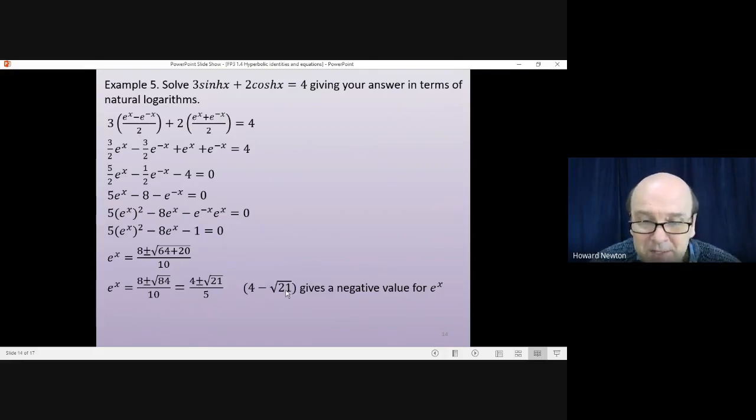Now, 4 minus root 21 would give a negative value for e to the x, but e to the x is always positive. So at this point, we can say that there is only one solution, which is that e to the x equals (4 plus root 21) over 5, and then taking logs of both sides gives us x equals the log of (4 plus root 21) over 5.